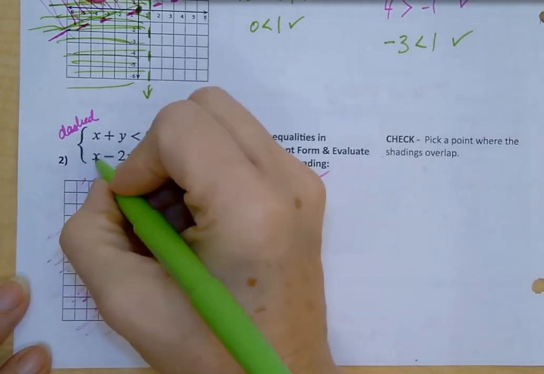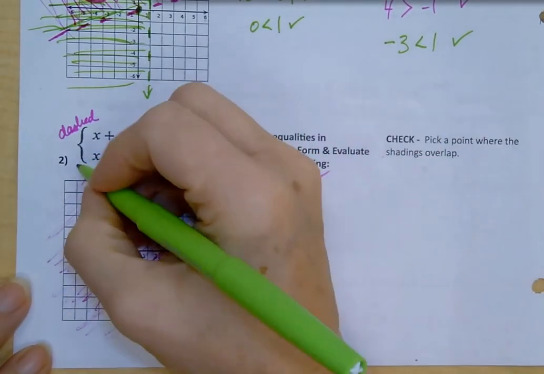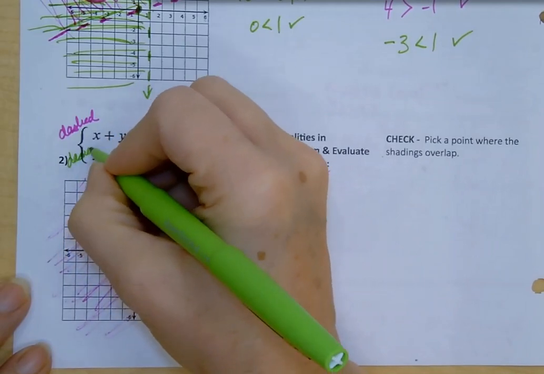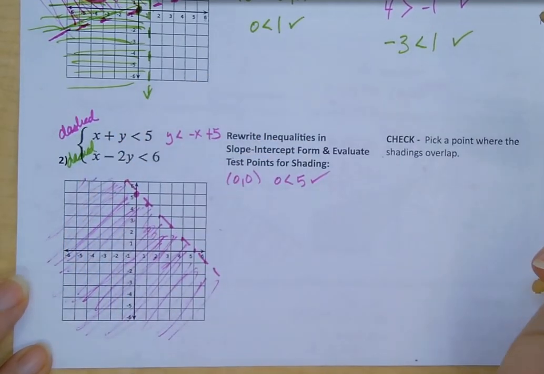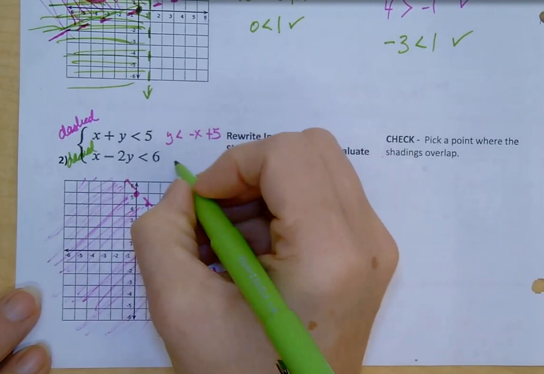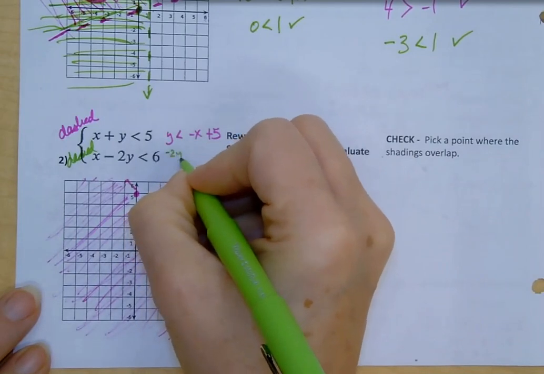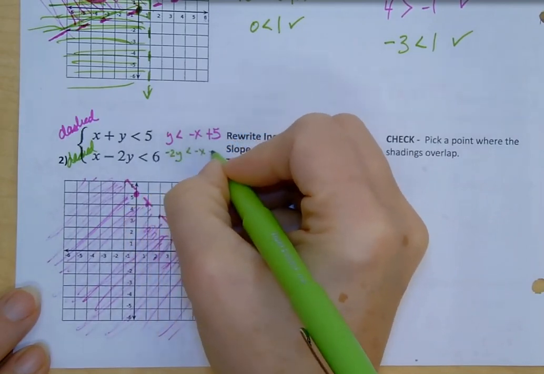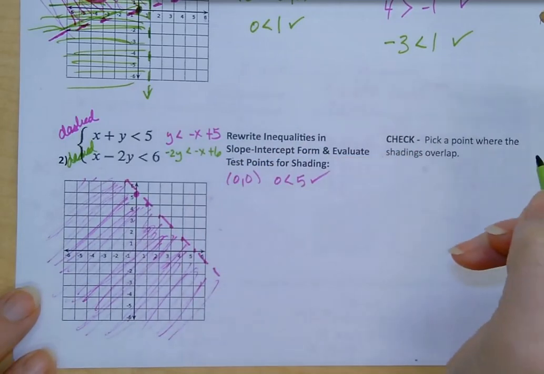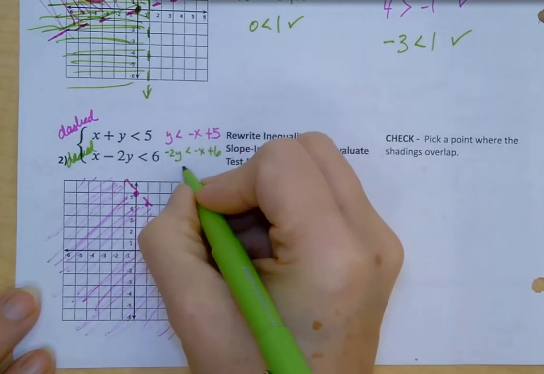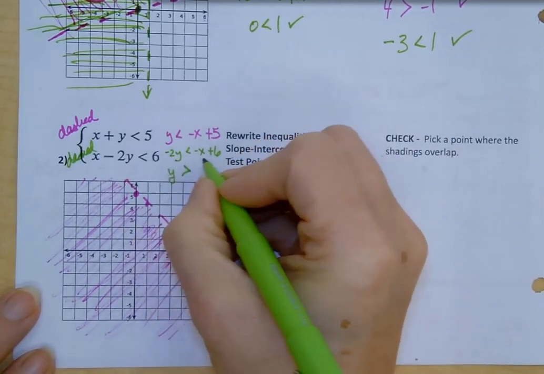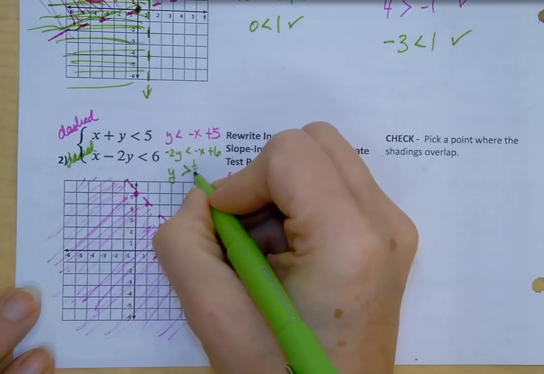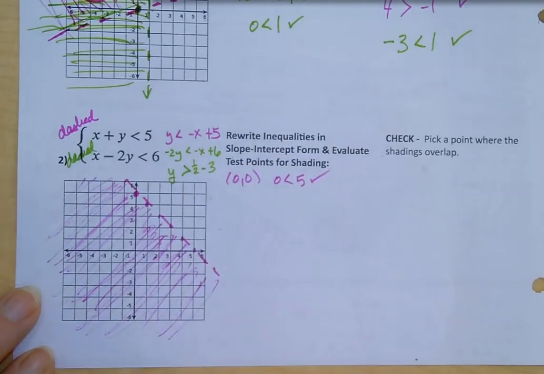Okay, I'm going to do my second inequality statement. That is also dashed. Remember, it's dashed because it doesn't include the equal sign. This will be -2y is less than -x plus 6. Divide everything by -2. Since I'm dividing by a negative, I switch. Y is greater than 1/2 x minus 3.